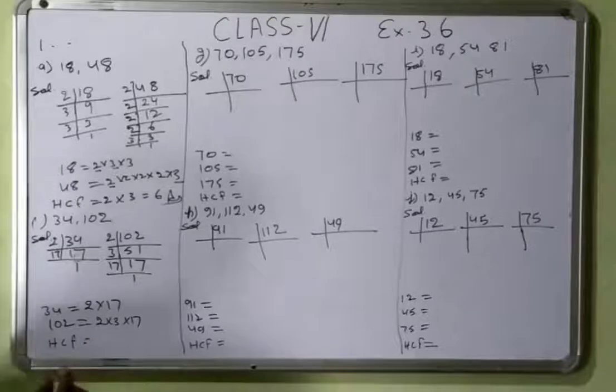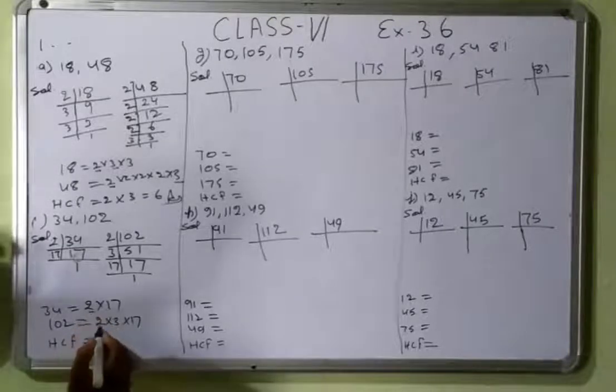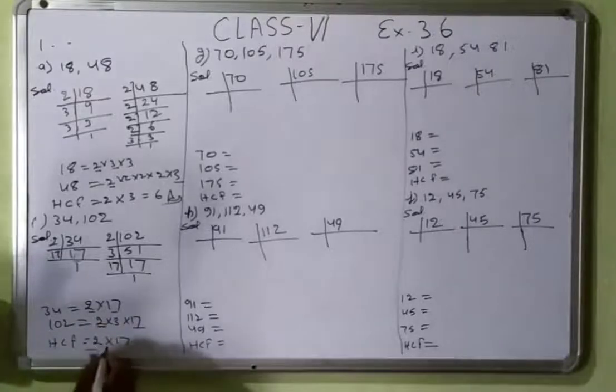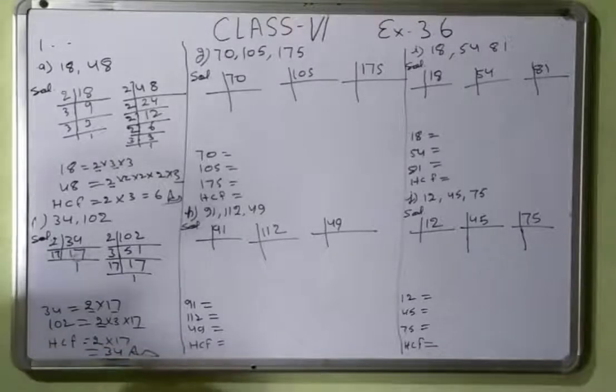So the common ones are 2 in both cases and 17 also in both cases. So 17 times 2 is 34, which is the answer.